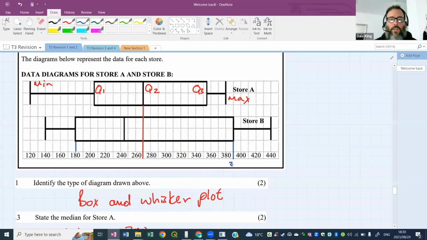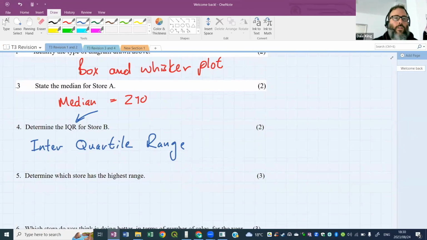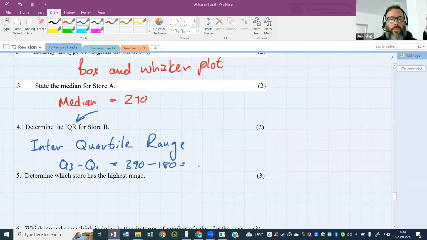So 390 on the right for Q3 and 180 on the left for Q1. All right, I'm going to write the whole formula out. So it's Q3 minus Q1, which is 390 minus 180, which gives us 210. Ben, thank you very much.